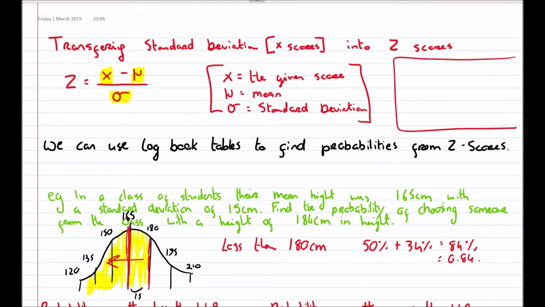So z equals, well, the given score, and I want to find someone that's 180 centimeters high, or the z-score for this 180, minus the mean, and the mean is 165. Standard deviation is 15. That would give me 15 over 15, which equals 1. So the z-score of 1. Good. Now, this is how I turn my z-score into a probability.